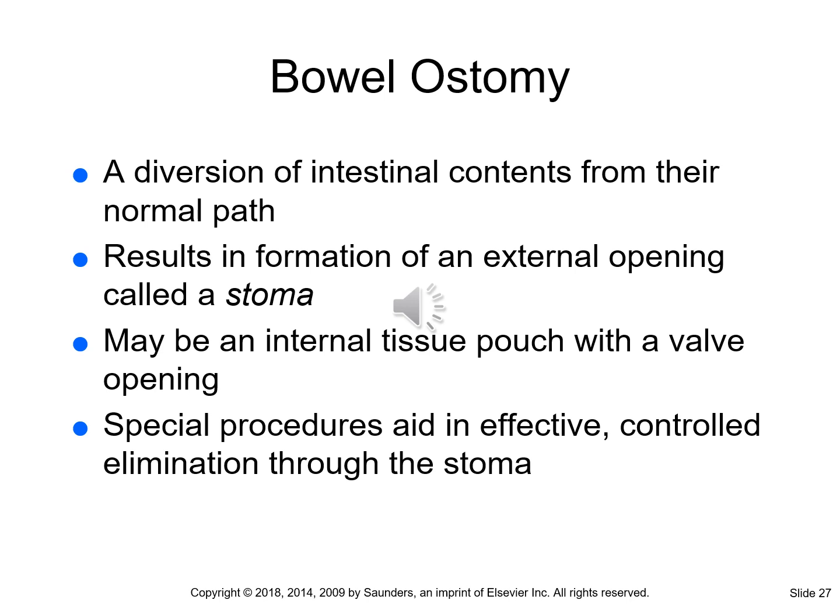Okay, so some disorders of the GI tract require the removal of a portion of the small or large intestines, or possibly even both. In this case, it could be temporary or it could be permanent. And so it's called a bowel diversion.